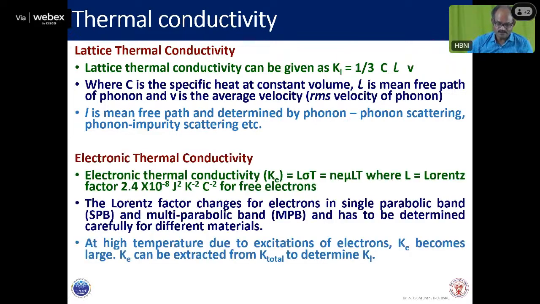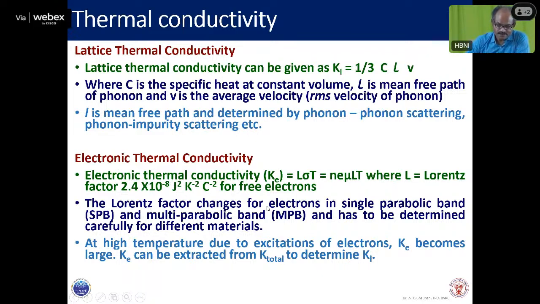Then the other one, the electronic thermal conductivity, has a formula of L sigma T, where sigma we know is n e mu, and L is the Lorentz number. This is typically 2.4 × 10^-8 for free electrons.